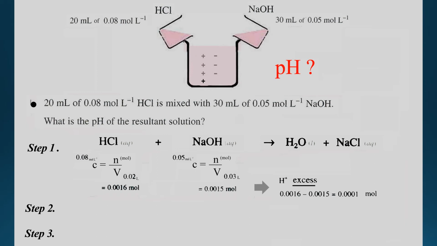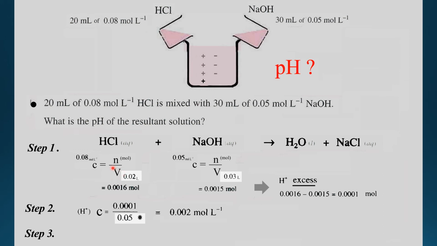Step 3. This H plus ion divided by 0.05. What is 0.05? C equals n over V. Where's the V? What is the volume? The volume is that much volume plus that much volume, and these two volumes added together give you the total volume.